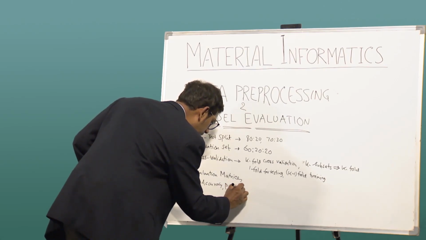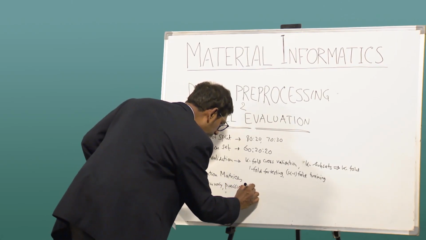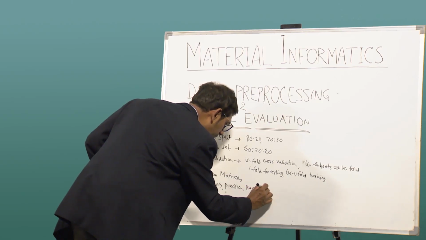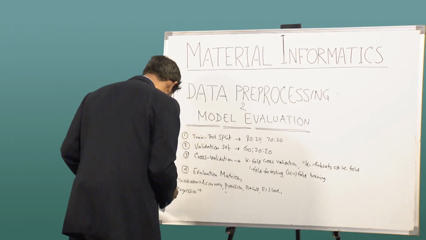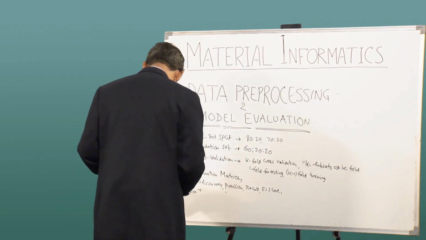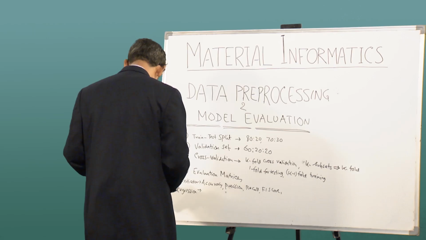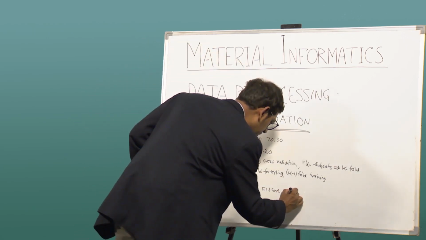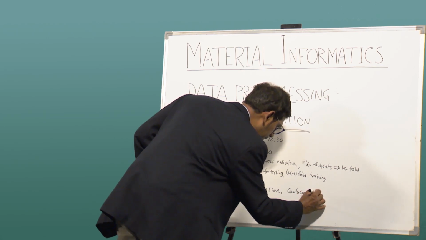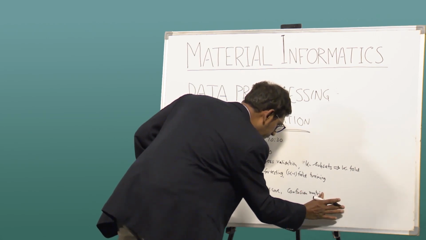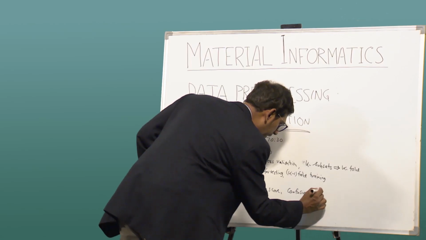We will discuss these aspects in detail: recall, F1 score, and also you have something known as a confusion matrix. They are all coming from there.